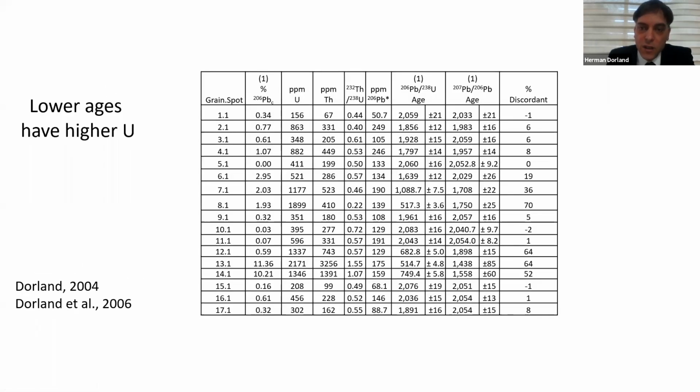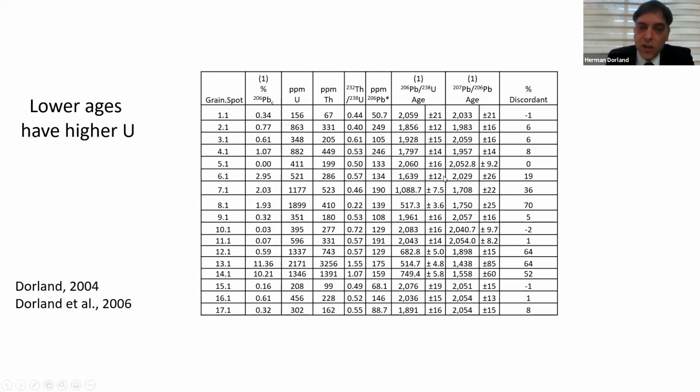So it's the SHRIMP data from this sample. The sample is about the size of a soccer ball. For example, this zircon has an age of 1957, and this one has an age of 2057.